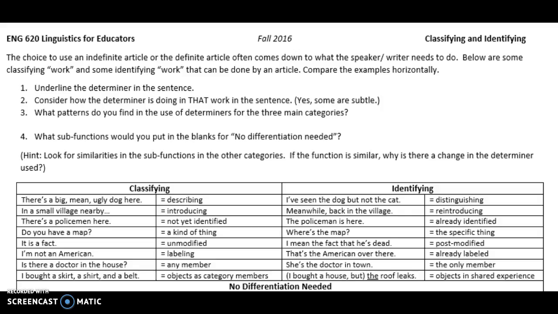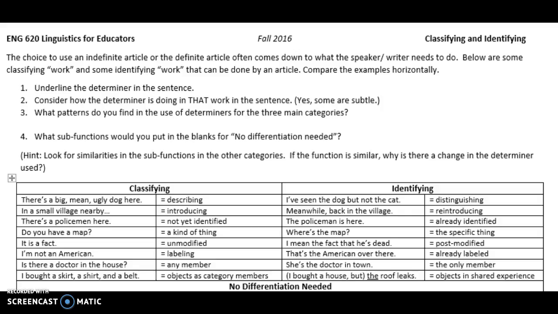But I don't have to say I bought a house and this house has a roof, right? I don't have to introduce the idea that the house has a roof. That's in shared experience. So I can just go on and say the roof leaks. As a speaker of English, I can refer to the roof without introducing it, because we as speakers in our community of English-speaking people know that houses have roofs.